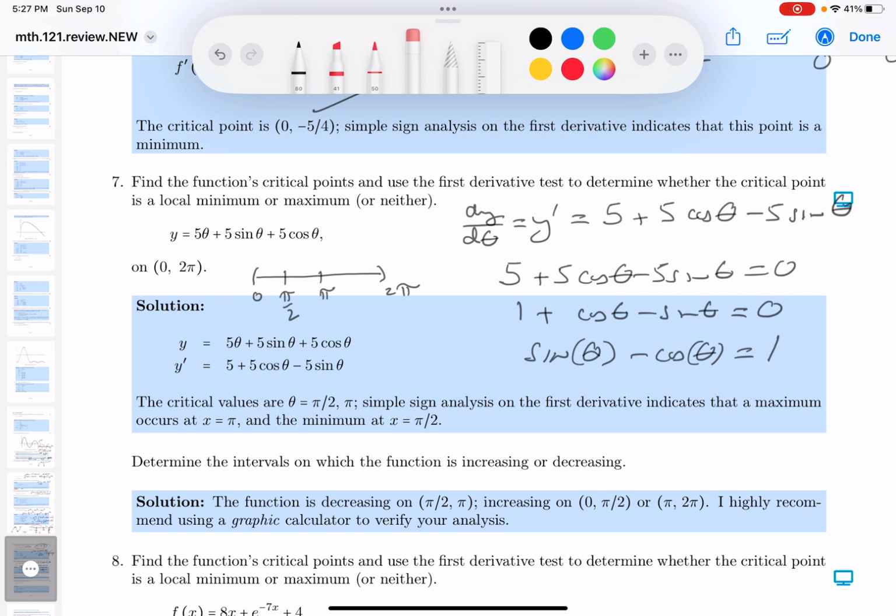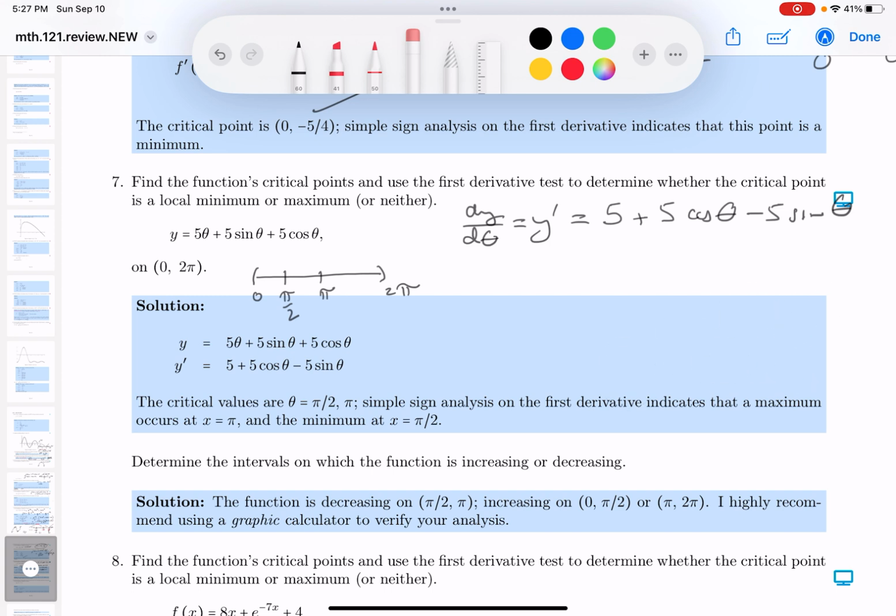And I need to analyze the derivative. And I'm going to look at it. And I know it's tough. I'm going to start to erase other things too, by the way, because I don't need them anymore. I got my critical numbers. And what I'm going to do is I'm going to try to make it a little bit easier on me, and I'm going to factor out a 5, and I get 1 plus cosine theta minus sine theta.